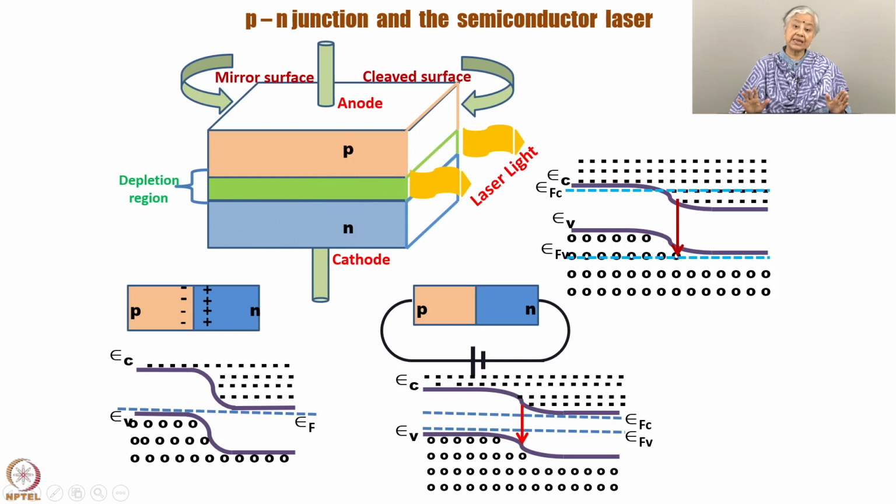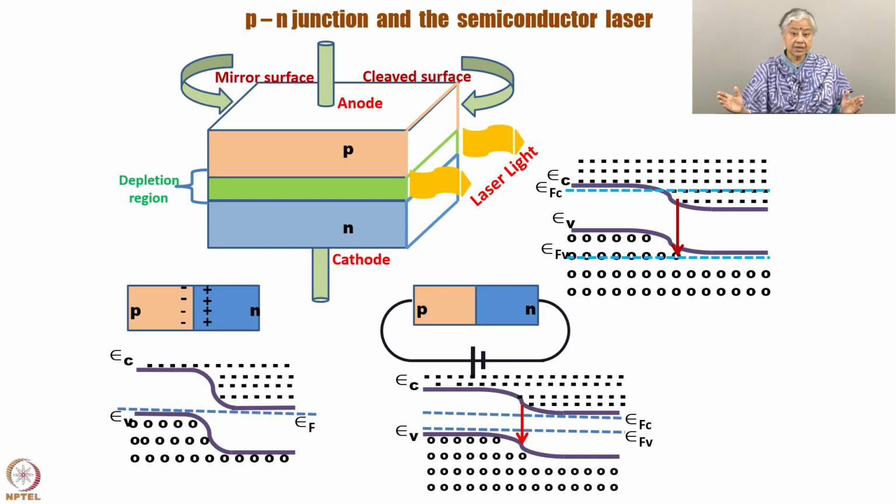Now, in case of a cleaved surface, what happens is you do not get very good reflection, not 99% reflection. You get somewhere around 30% reflection. So, 30% of the light that is coming to this one surface is bouncing back into the semiconductor to gather up more stimulated emission and the lasing light itself.